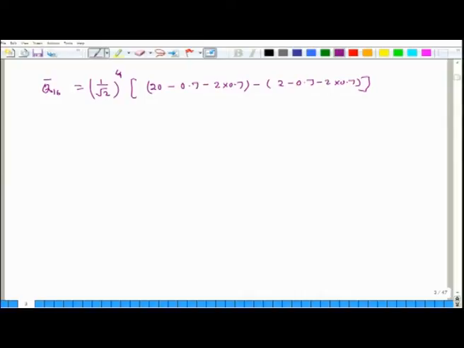So, this comes out to be 4.5, and Q26 bar is also 4.5.